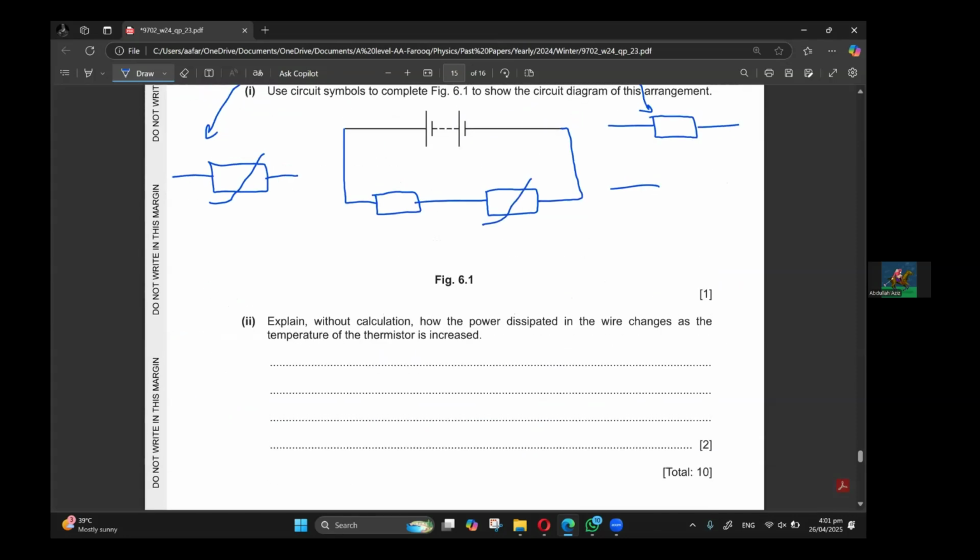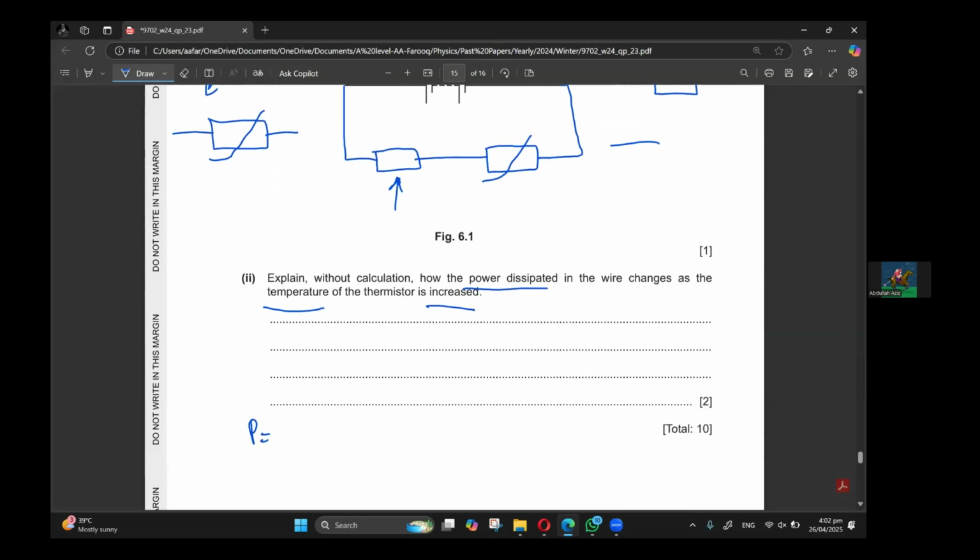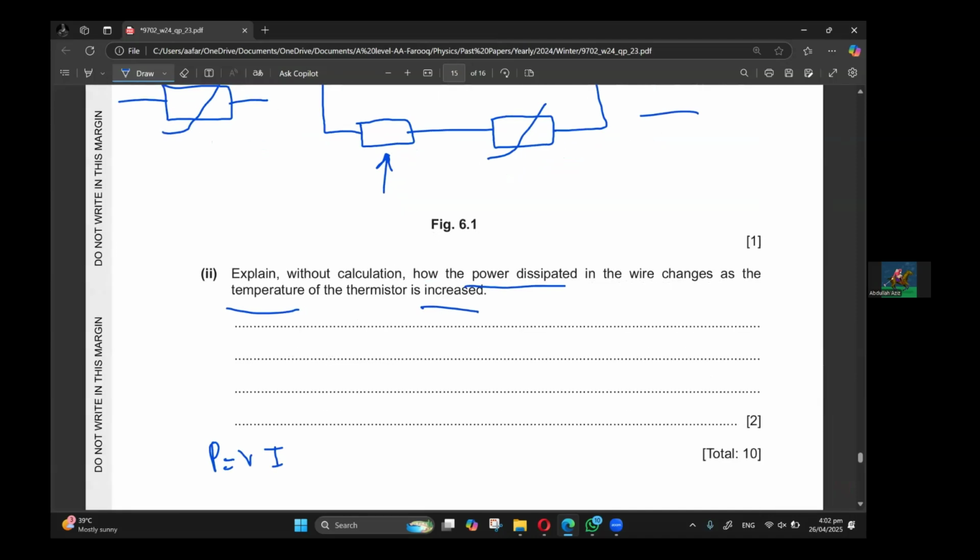Explain without calculation how the power dissipated in the wire changes as the temperature of the thermistor is increased. Okay, good question. We know that power is equal to voltage times current. Just use equations, it makes life easy.